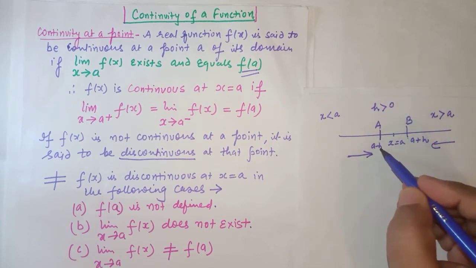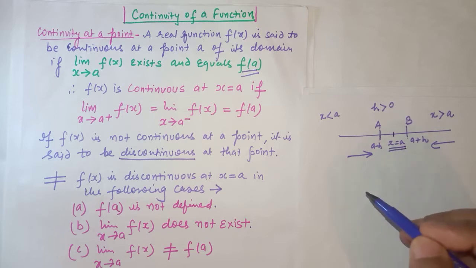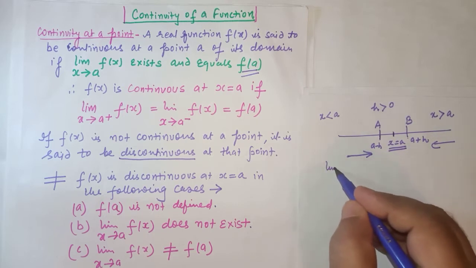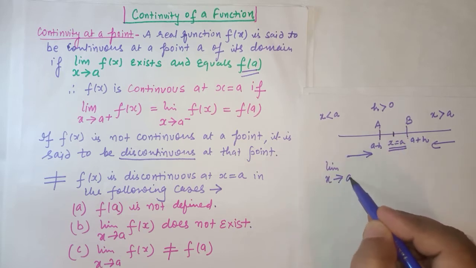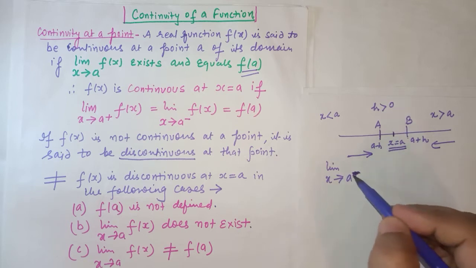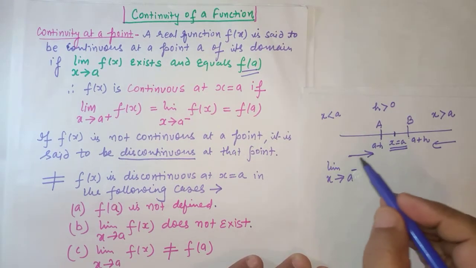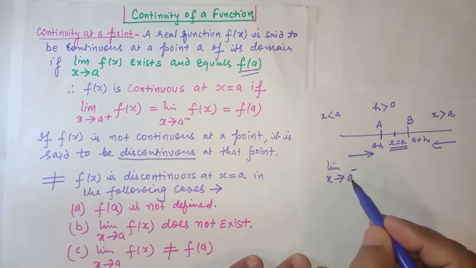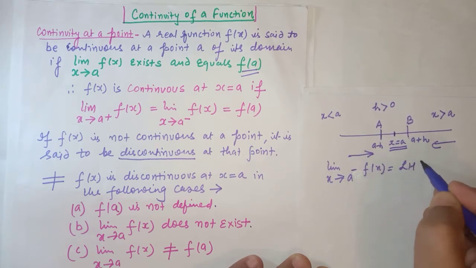So a minus h and a plus h are the two points which are very close to x equal to a. Clear? So when we approach towards a, that is when x tends to a plus, or a minus for the left hand limit, so this is minus. When x approaches a from the left side, we have the left hand limit.